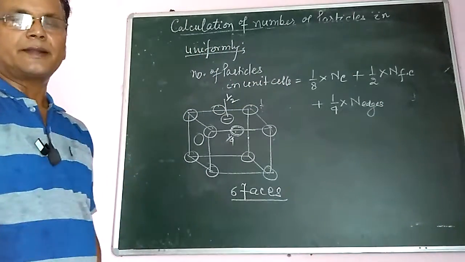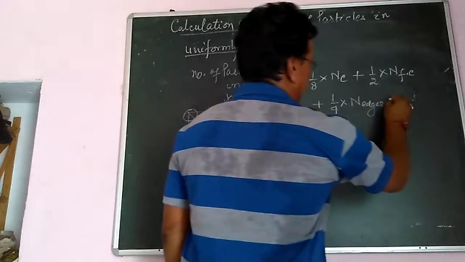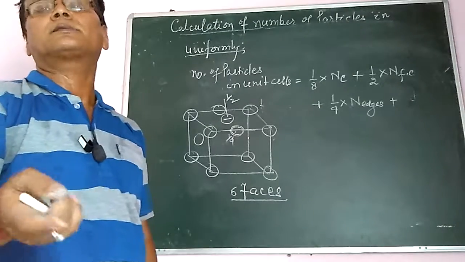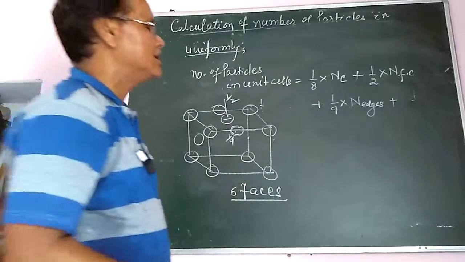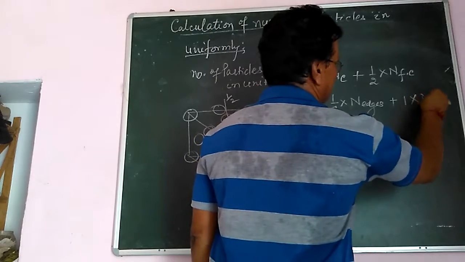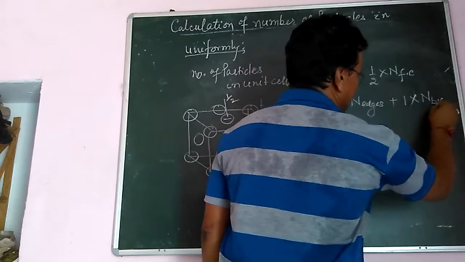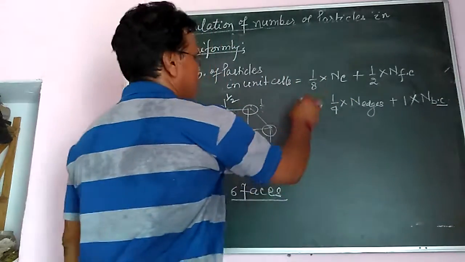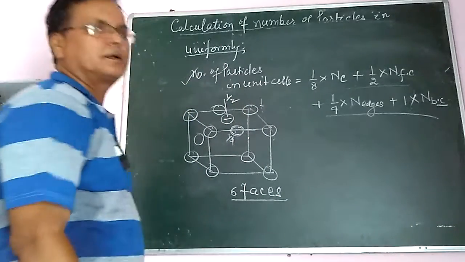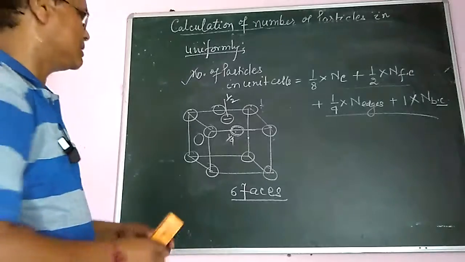Again, the fourth lattice point is at the body center, and at the body center the whole of the particle is contributed in the unit cell. So 1 into the number of particles at the body center, BC. If you add these, you can easily calculate the number of particles in different unit cells.